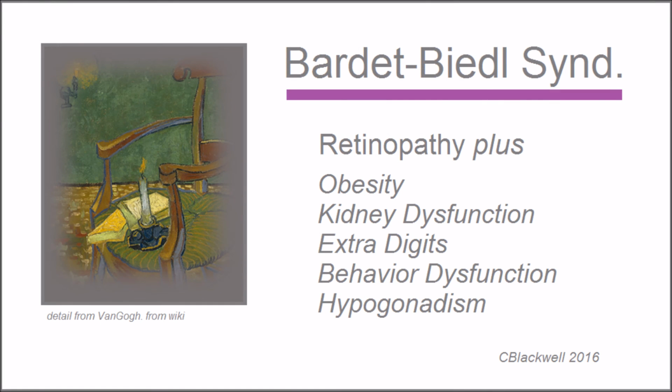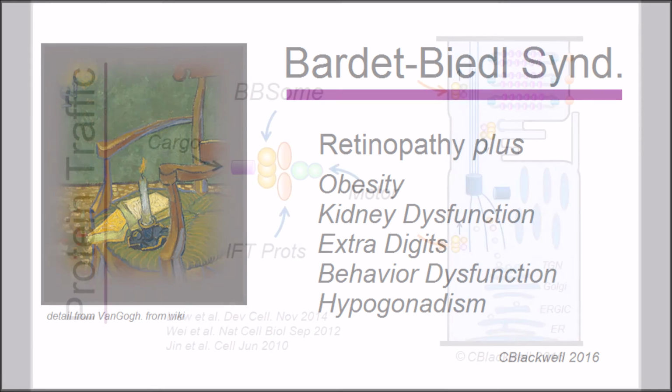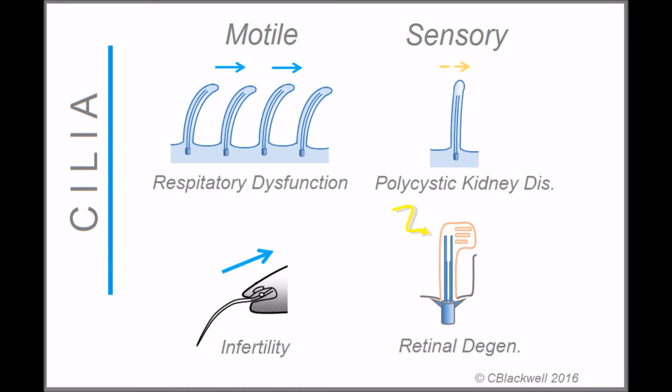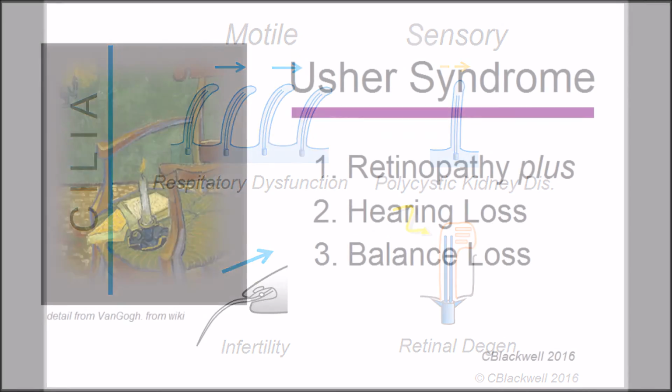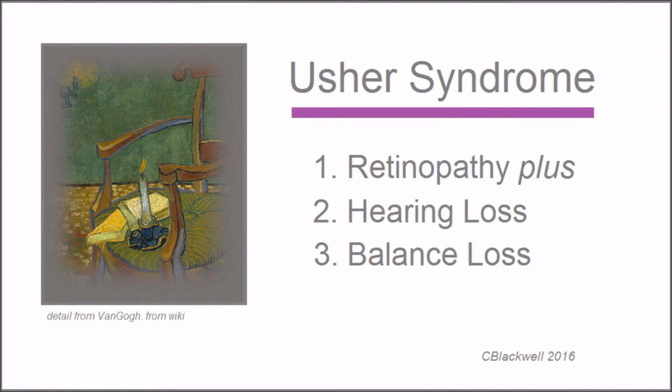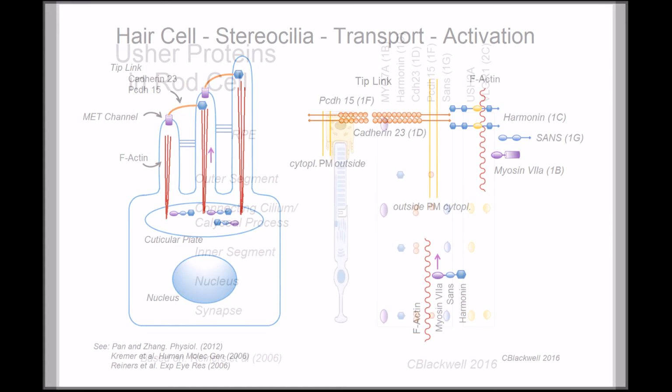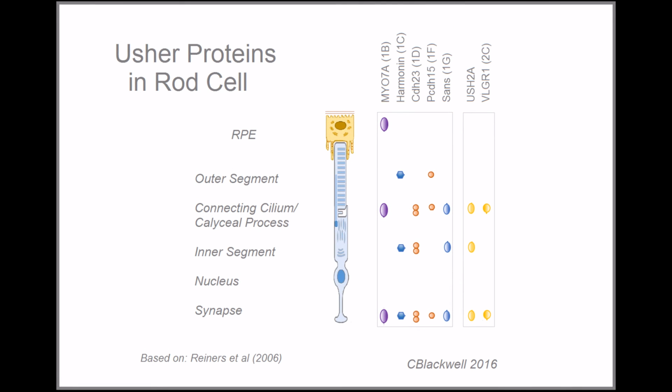We also took a look at 2 interesting diseases. One was Bardet-Biedl syndrome, based on a defective BBSome, causing a family of diseases called ciliopathies. The second was Usher syndrome, based on a functional group of proteins whose role in hearing is well worked out, but is still in process for the retina.